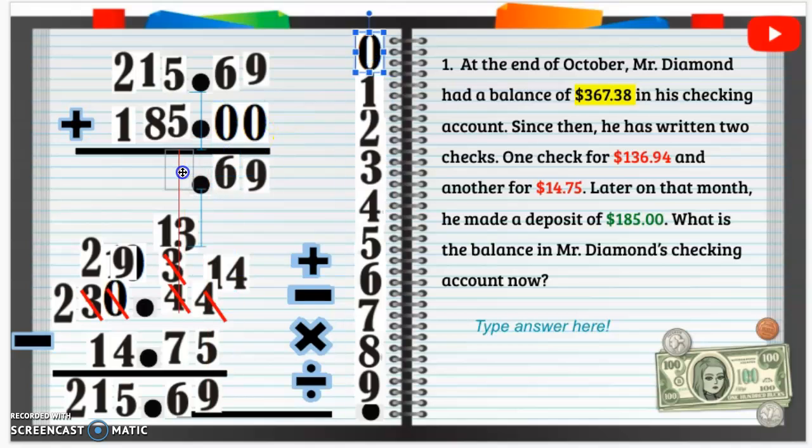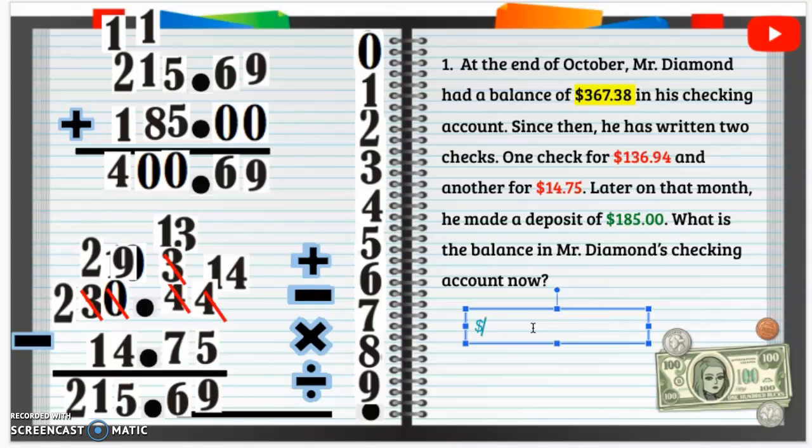I'm going to put that 0 down and carry that 1. 8 plus 1 is going to be 9. Plus another one is going to be 10. I'm going to carry that 1 and drop that 0 down again. 2 plus 1 is going to be 3. Plus another one is going to be 4. So our answer is going to be $400.69.